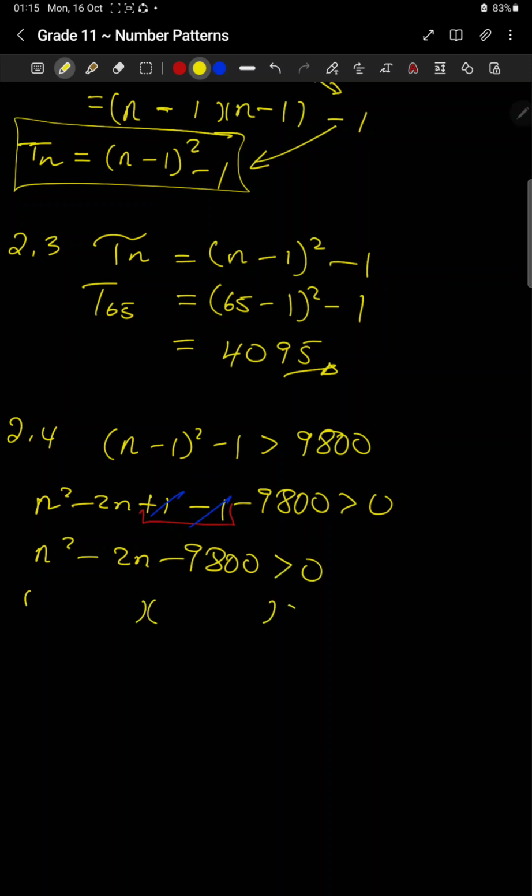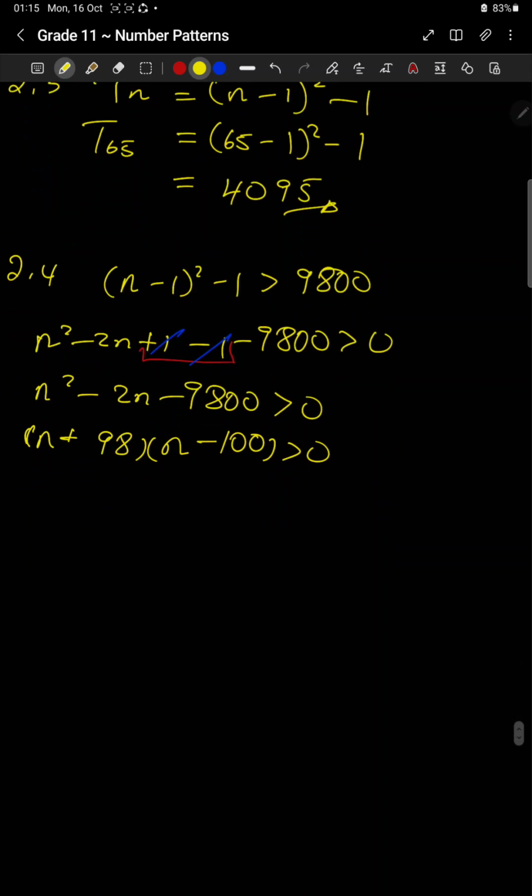We factorize this, so it's going to be n and n. The factors of 9800 must be 98 times 100, which gives us the difference of 2. So this one must be negative and this one must be plus. Therefore the critical values must be negative 98 or 100.